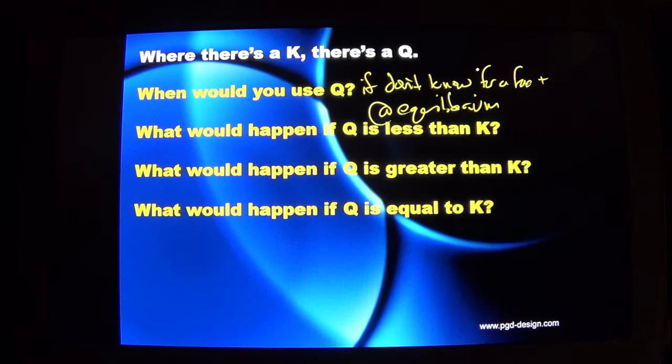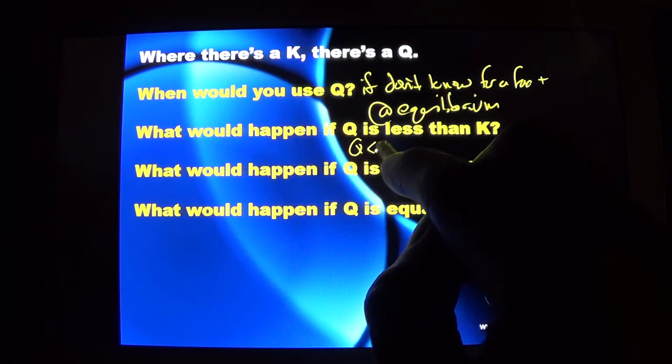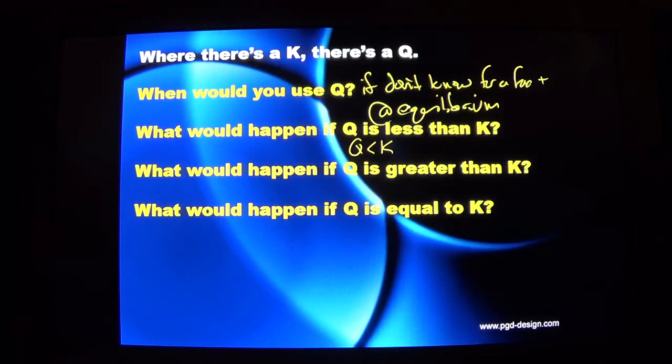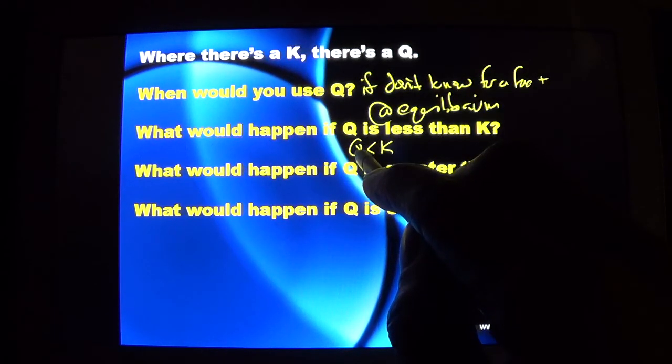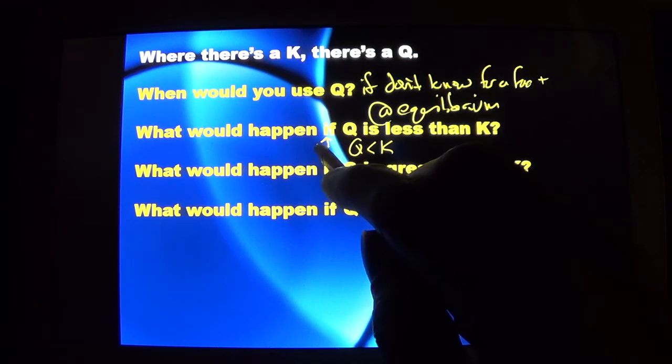What's going to happen if Q is less than K? Okay, so you're like, well, didn't we just cover that last unit? Yes, absolutely, we did. Let's review because it's that important. If Q is less than K, we need more Q to equal K. To get a bigger numerical value for Q, I need the numerator to get bigger and the denominator to get smaller.